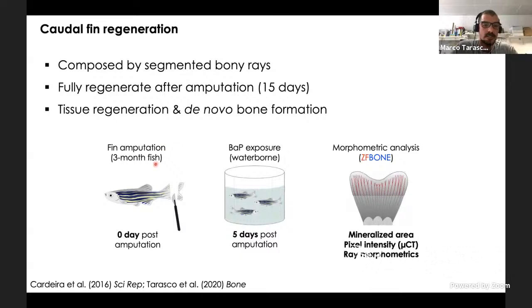So what we do in this case is to use adult fish around 3 months old. We amputate their caudal fin at day 0. We expose them for 5 days. And then after alizarin staining, we look at the regenerated area, the mineralized area, and we can also do more in-depth analysis such as micro-CT to see the intensity of the rays, and also some morphometrics.